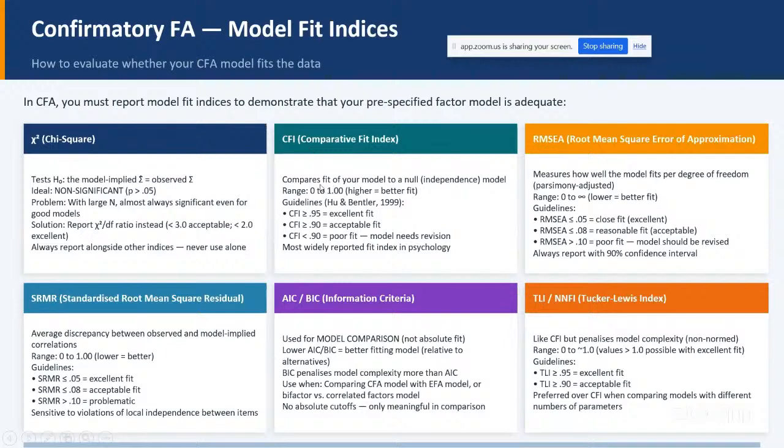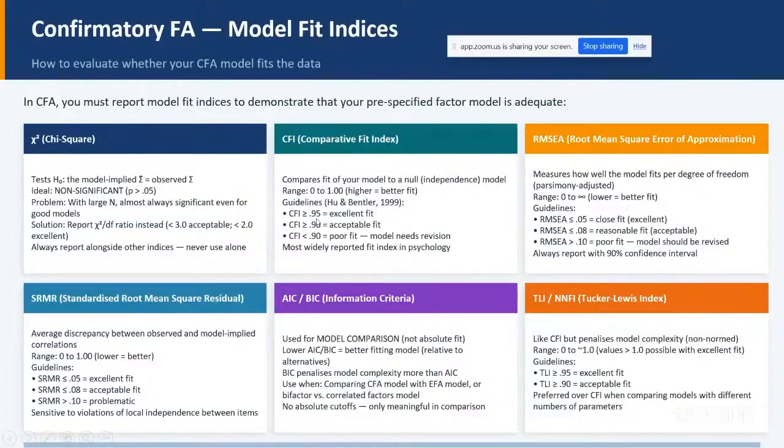CFI compares the fit of your model with a null model, which is independence, where we don't have any constraint. That is the zero model or null model. The range is 0 to 1. If the CFI is higher, we can say it has a better fit.